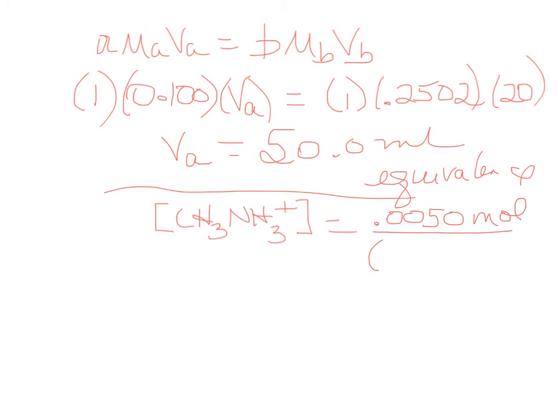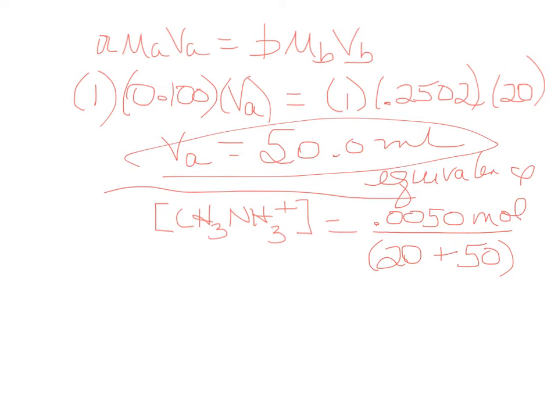And we now know that the total volume is 20 milliliters of the weak base plus the 50 milliliters of the acid titrant that we just calculated.